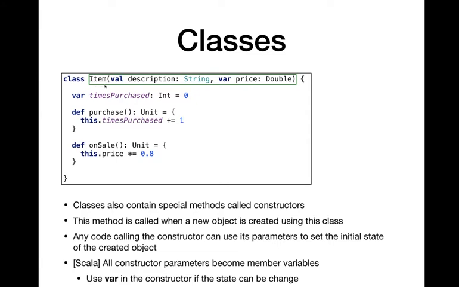So class, give that type a name, and then a parameter list, just like we would see for any method, which says these are the arguments, these are the parameters, you'll give them to me as arguments when you instantiate a new item. You need to tell me these two values. Give me a description and a price, and I'll create you a new object of type item.